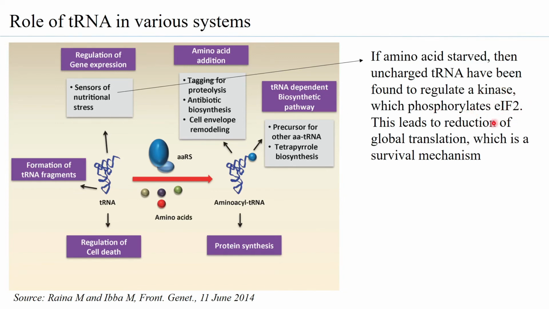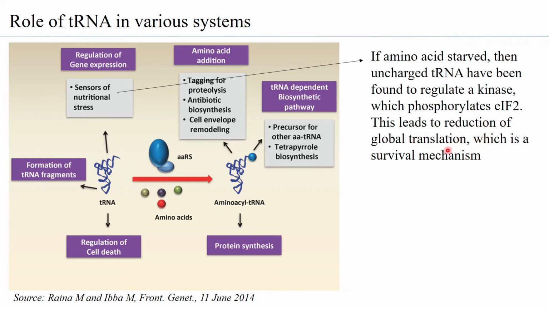We all know that EIF2 is required for formation of the ternary complex for translation to be initiated. Now, if EIF2 gets phosphorylated, it is not able to form a complex with the small subunit, and so it is not able to form the pre-initiation complex properly.